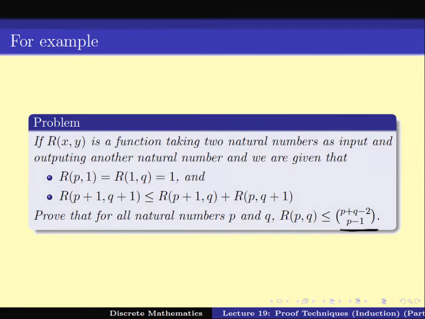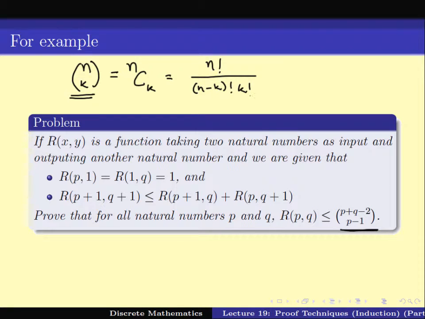So let me just quickly write down here what the binomial term means. In case I have n and k, we call this one n choose k. Sometimes it is denoted as nCk. I will always use the first notation. So this is n factorial divided by (n minus k) factorial times k factorial.